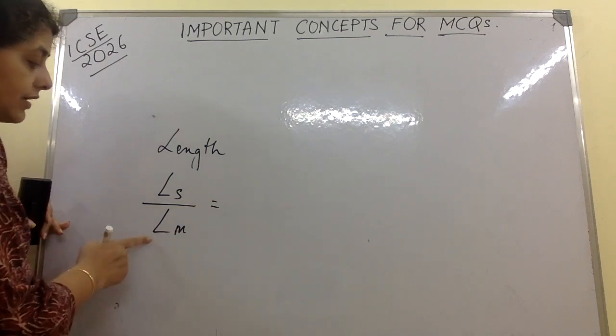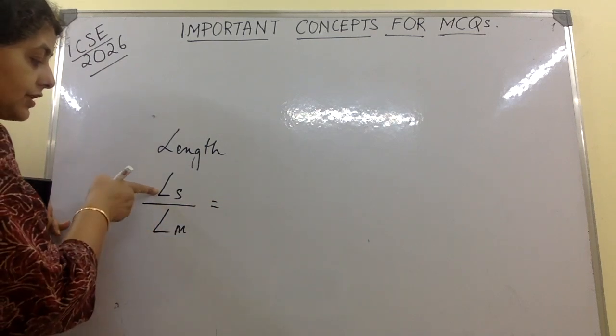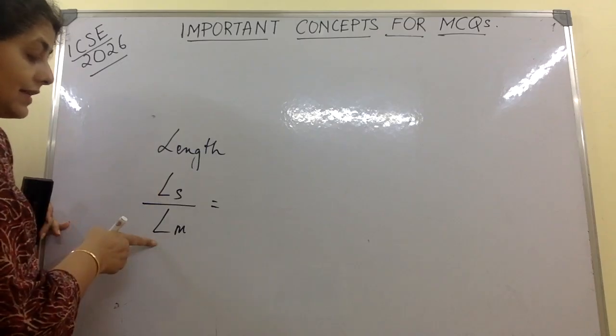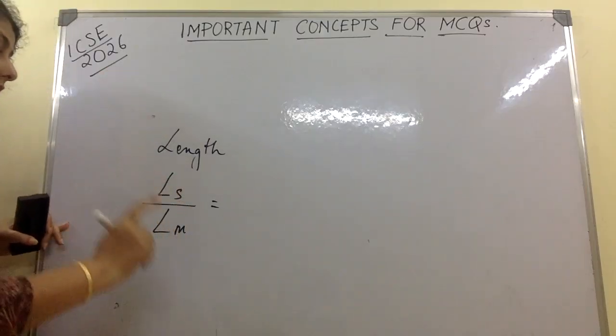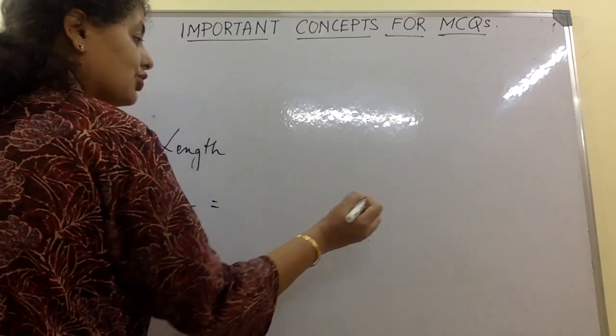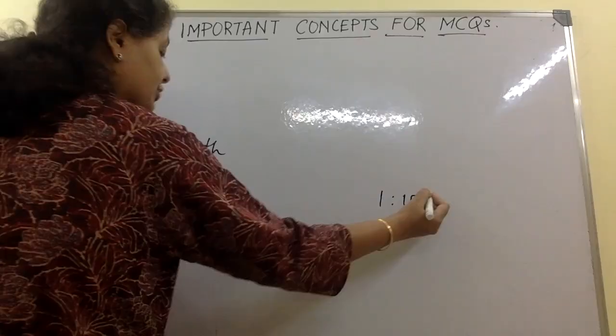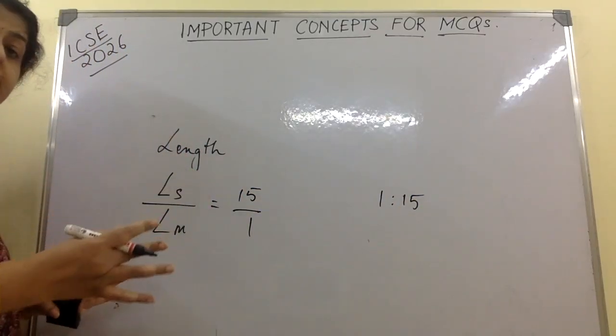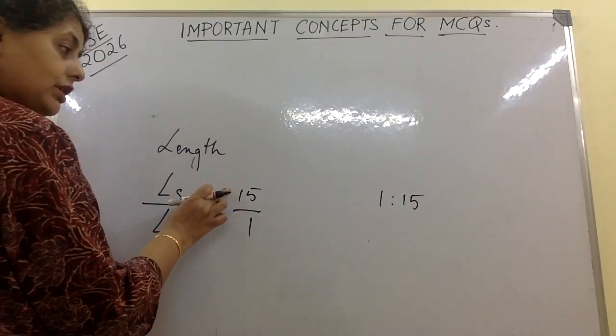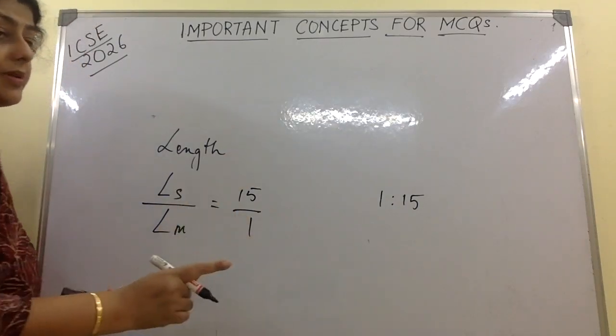Supposing they have given these two values and I have written length of ship above and length of model down, then remember always that if they have given the ratio as 1:15, supposing, then 15 will always go on top. This is common sense, but still people forget. 15 will always go on top and 1 has to come down.